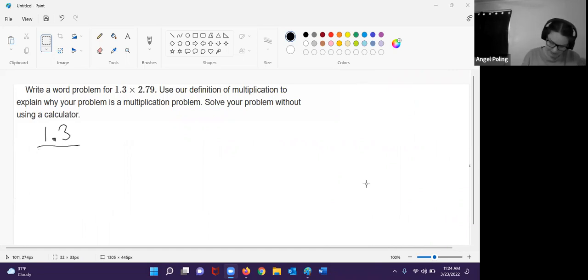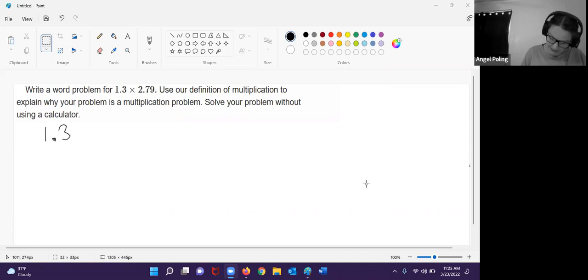As a way of showing the ignoring the decimals and multiplying as if they were whole numbers part of the process when we multiply decimal numbers.